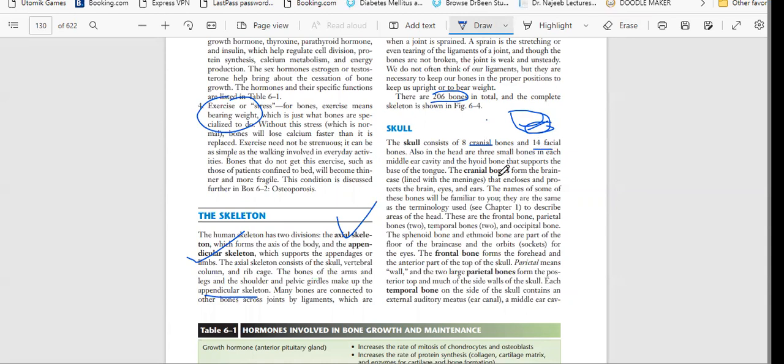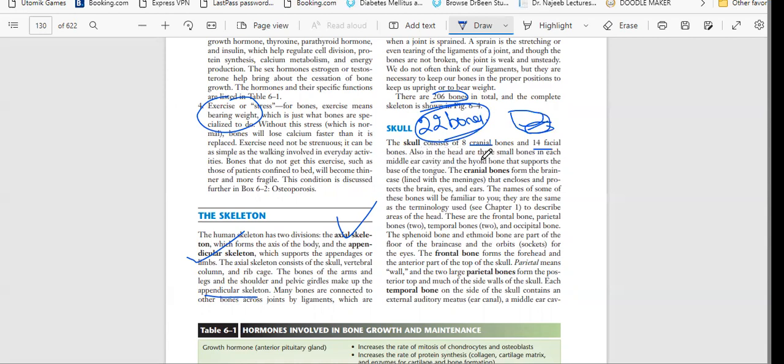So how many bones in total? In total we have 22 bones in the skull. You need to know that in the skull we have 22 bones.